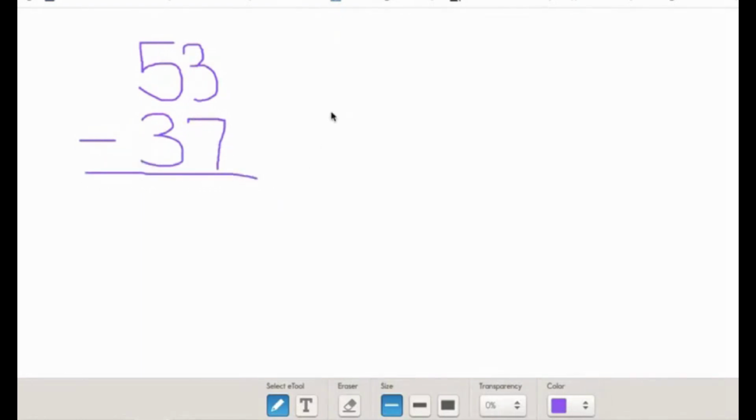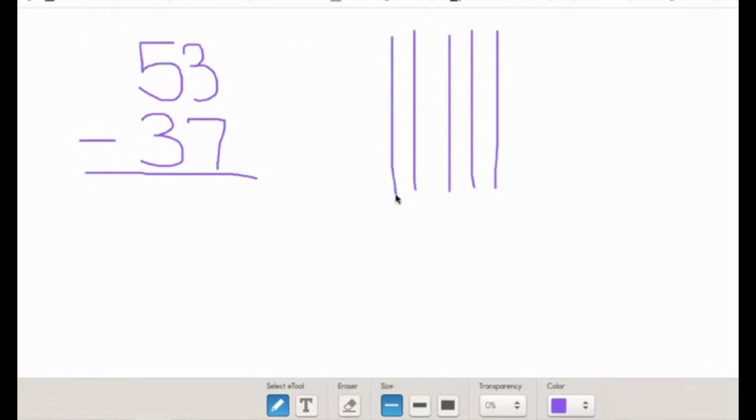So instead of drawing all those blocks, I'm just going to use the shorthand. So I'm going to show 53. So that's 10, 20, 30, 40, 50, and then 3 ones. So I'll just put 3 ones right there. So we can all agree that that is the number 53.